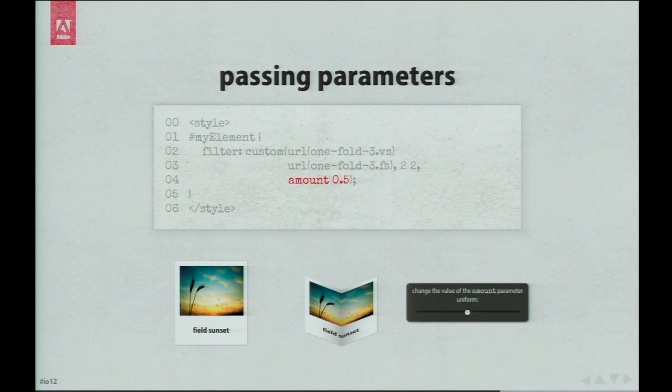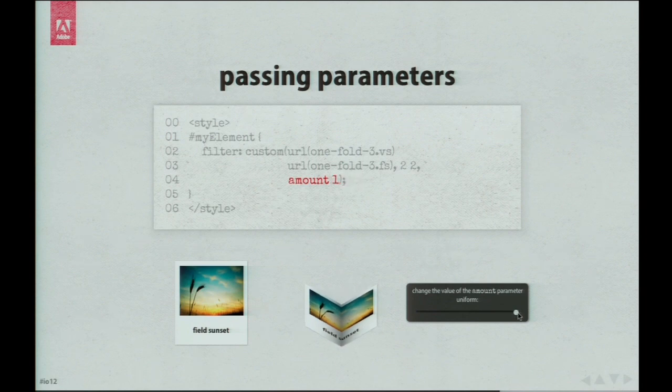The bigger the amount, the bigger the effect, and the bigger the shading in the center. Since this can be manipulated through scripts, I have hooked up a little slider here. If I go to the left, I'll have less of the effect, and you see how the code changes. And if I move to the right, I'll go to the full extent of the effect.